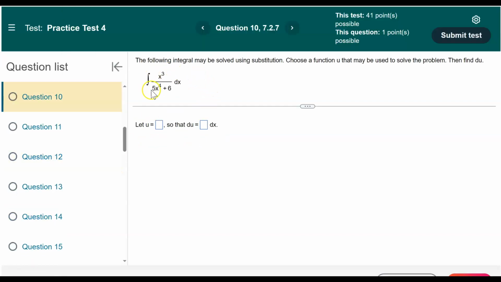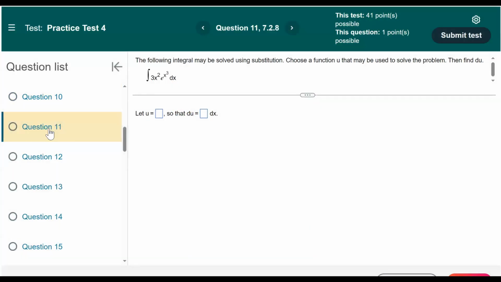All right, for number 10, if you have a rational function, you might try your u as the denominator and then find the differential. And then if you have something like this, you will have the power of e as your u because your formula is e to the u. So you might want to use that.